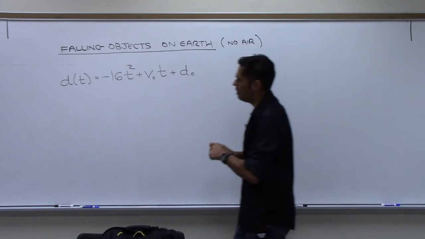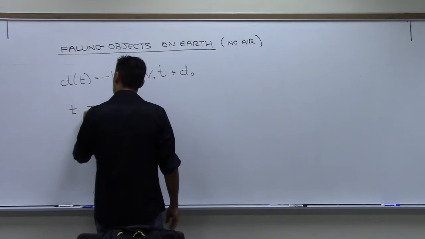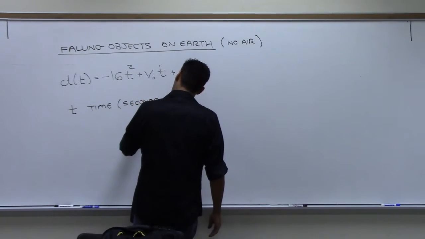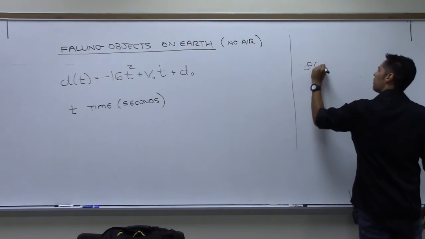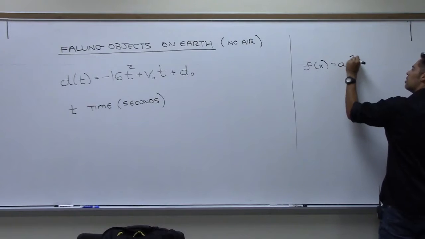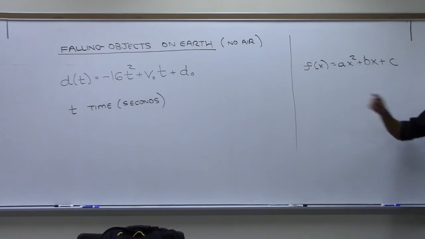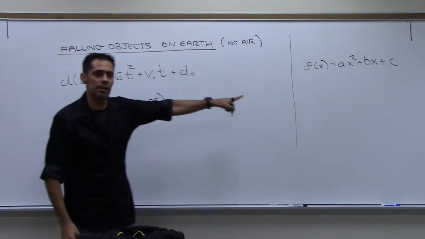So let me explain each of these letters up here. First of all, let's start with t. t is time, and it's measured in seconds. And I'm going to put over here what we've been looking at, quadratics, just to try and show you that we have a quadratic function. It just looks different here. t is like the x over here.